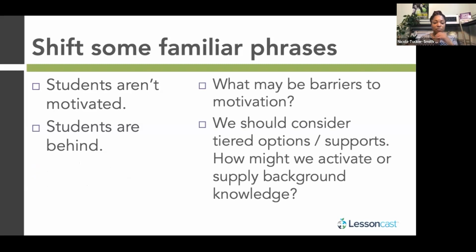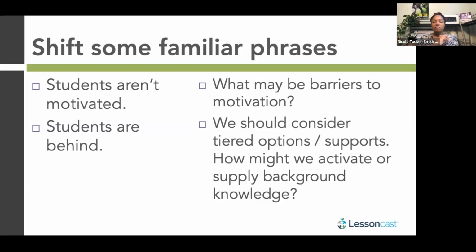So instead of thinking about students aren't motivated, let's ask ourselves, what may be some barriers to motivation? Because that we can actually do something about. And are we going to get it right the first time? Maybe, maybe not. But only fixating on students not being motivated is not going to move the needle.